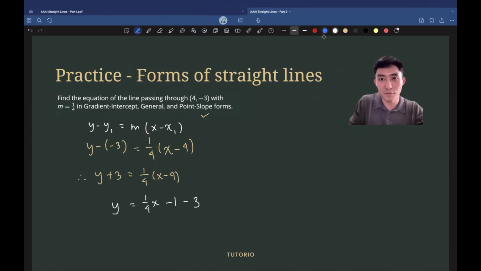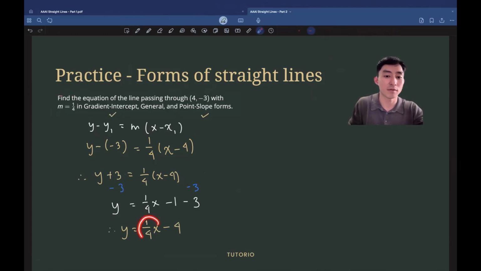If it's a bit confusing, I will write it here, minus 3 and minus 3. So now we can finalize our answer: y equals 1 over 4 x minus 4. This is our gradient-intercept form. It tells us very clearly that the gradient is 1 over 4 and the y-intercept is at minus 4. So it is down here, minus 4, and positive gradient means going up like this.